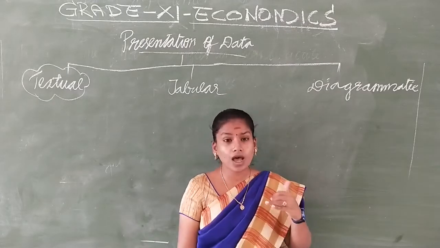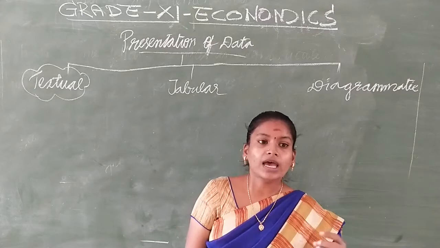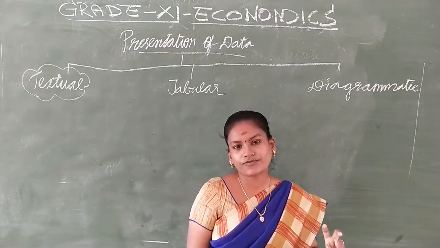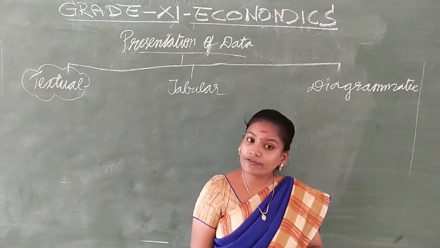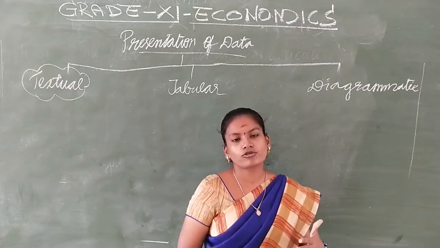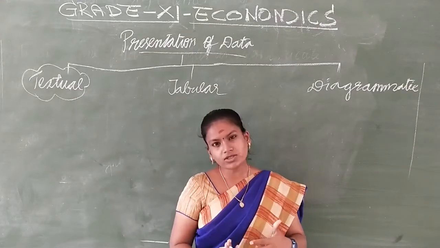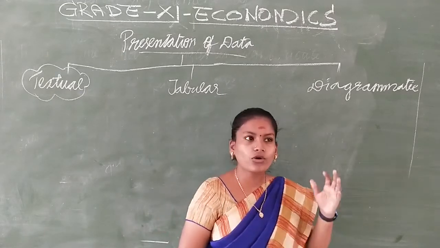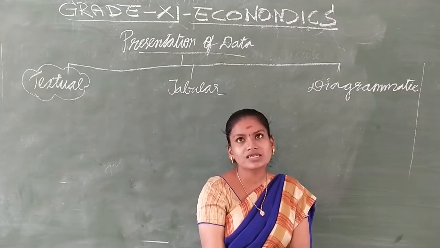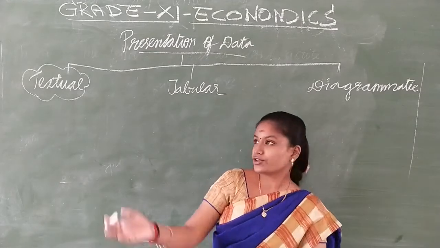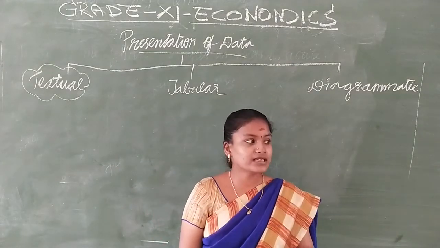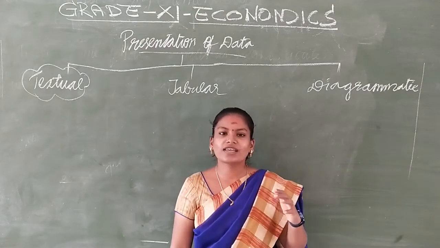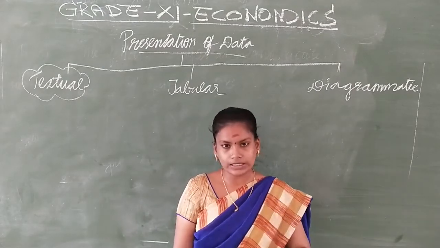Note is the last point, and before the note we present the source, from where you have obtained this data. Even if you have more than one source, of course you have to give more than one source in the source column. Those are the various parts of a table discussed in tabular presentation of data.